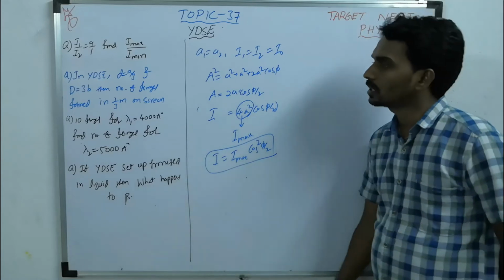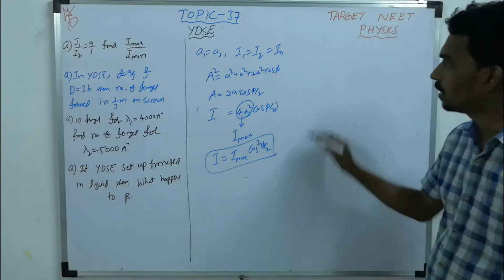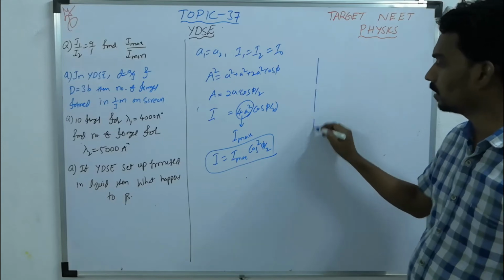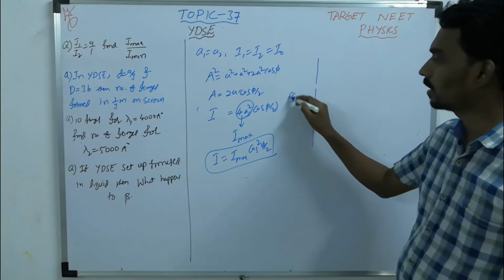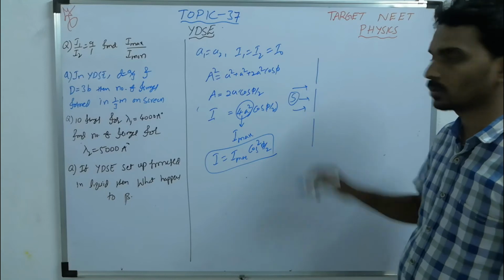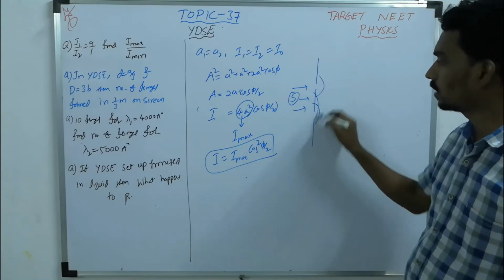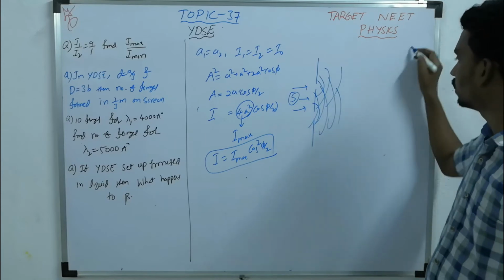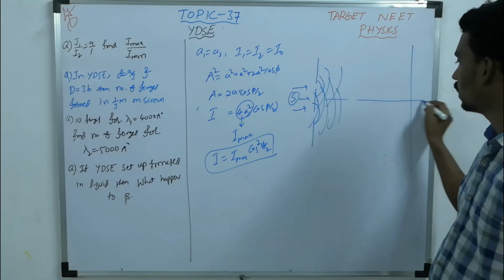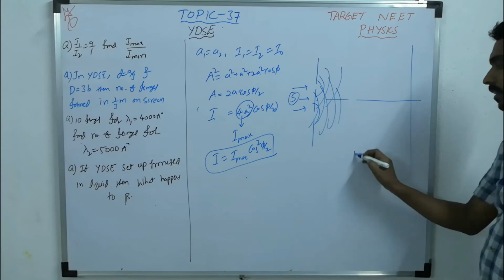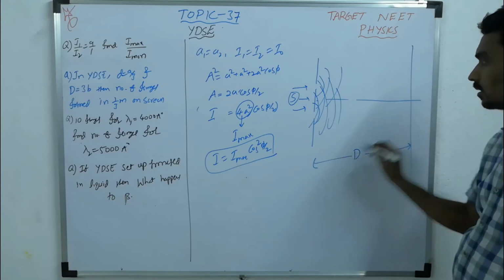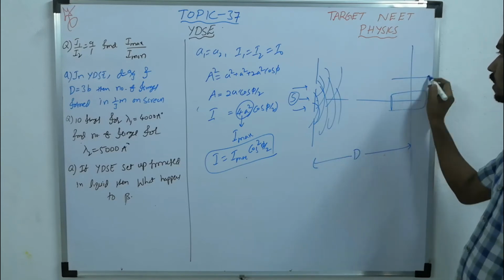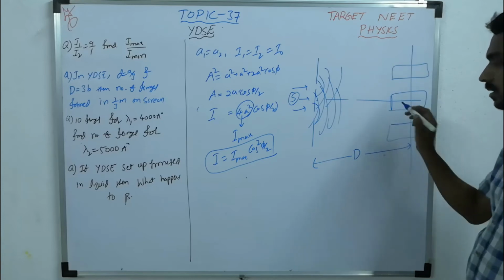Like if you see the Young's double slit experiment, where two slits are illuminated with a light source, the light emerges and superimposes. On the screen placed at a distance capital D, you will see alternate bright and dark fringes.